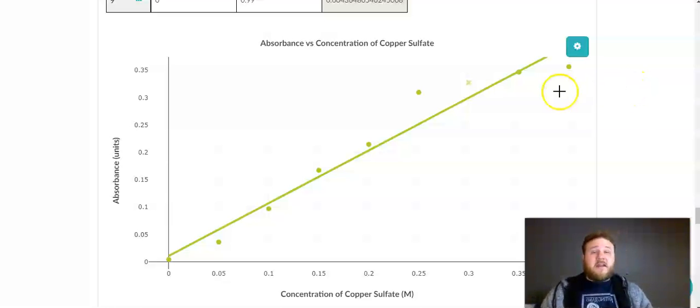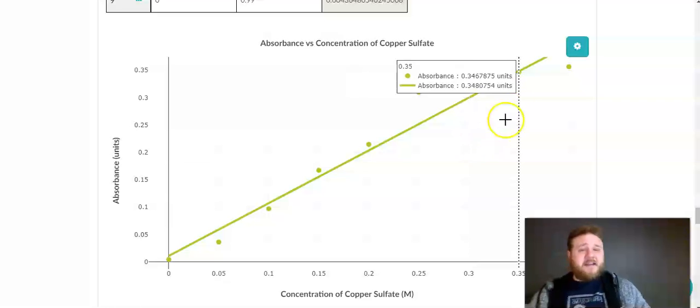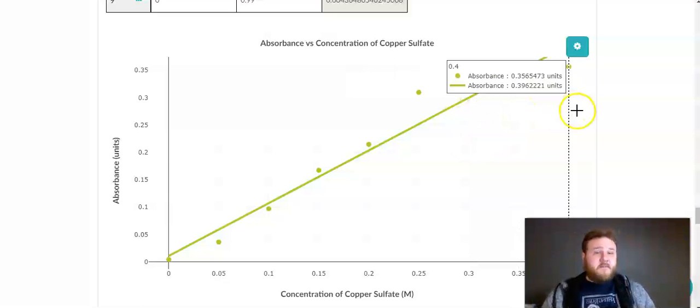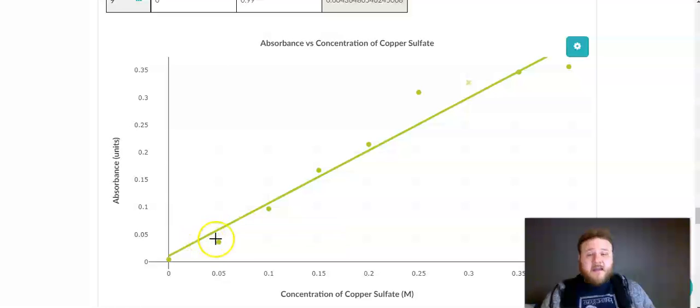It's totally fine to look at one piece of data and say, that doesn't fit the trend at all. There must have been something wrong with the measurement. I'm going to cross that out. Now, keep in mind, if you have a lot of outliers, then there may be a bigger problem. But if you have one or two outliers, that's okay.